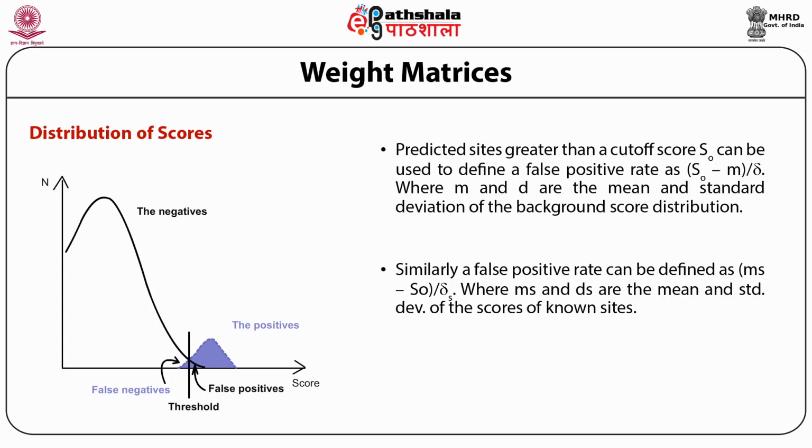Unfortunately, for most methods, it is not possible to get 100% in both, and so you have to make a trade-off. Somewhere you set your threshold so that both the false negatives and the false positives are something which your method can handle, which is within manageable limits.